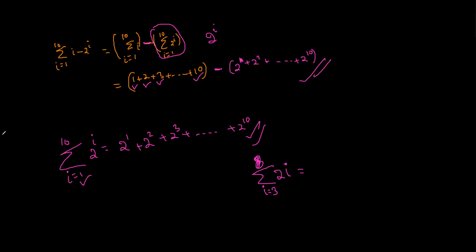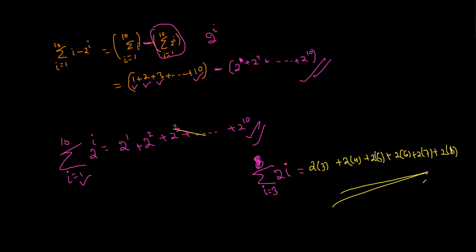So first you will put i is equal to 3, right? Then 4, 5, up to what? 8. So this is your final answer, right? Yes. And you can see 2 is common in all terms.